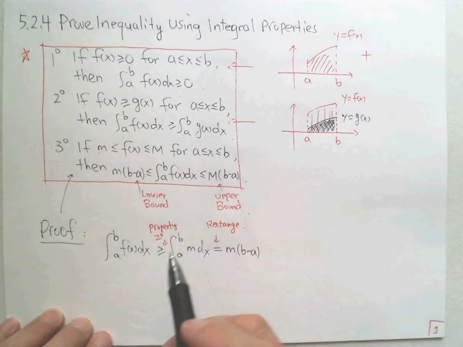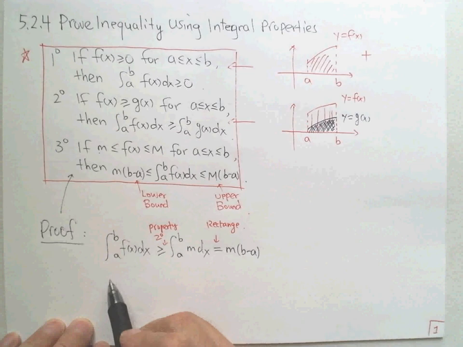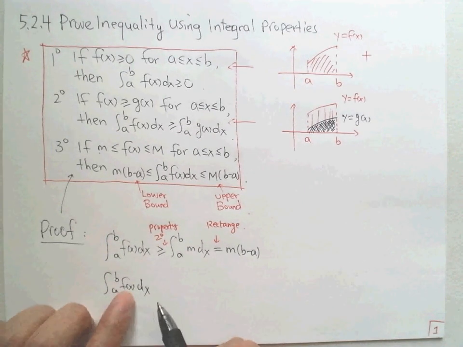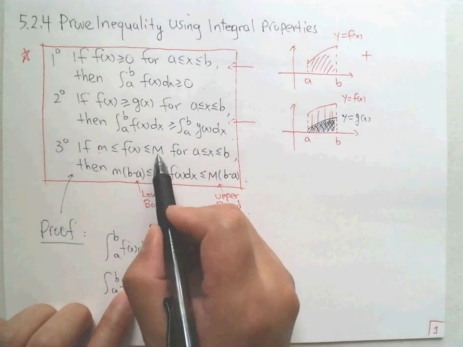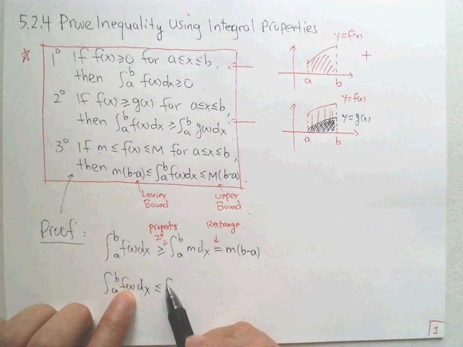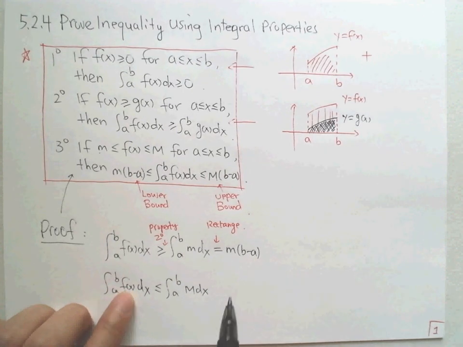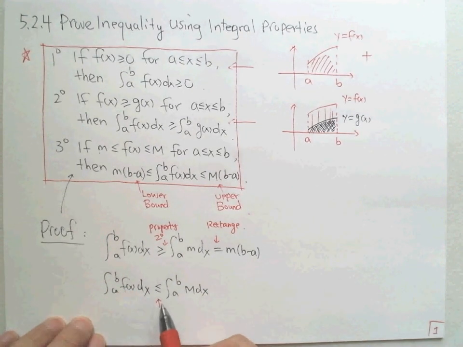Okay, the second half, which is this: the integral from a to b of f(x) dx. Because this function is bounded by capital M, it is less than or equal to this. Capital M we put here. Now you know this is also property 2, right?